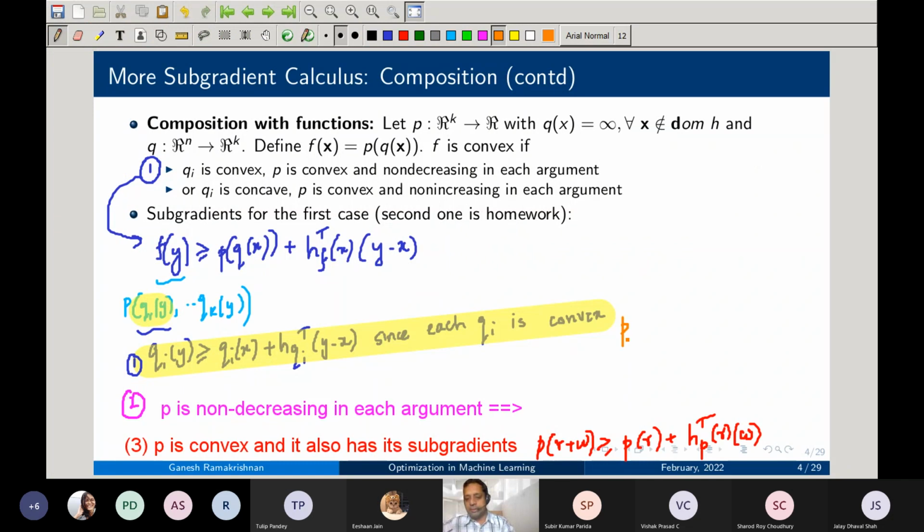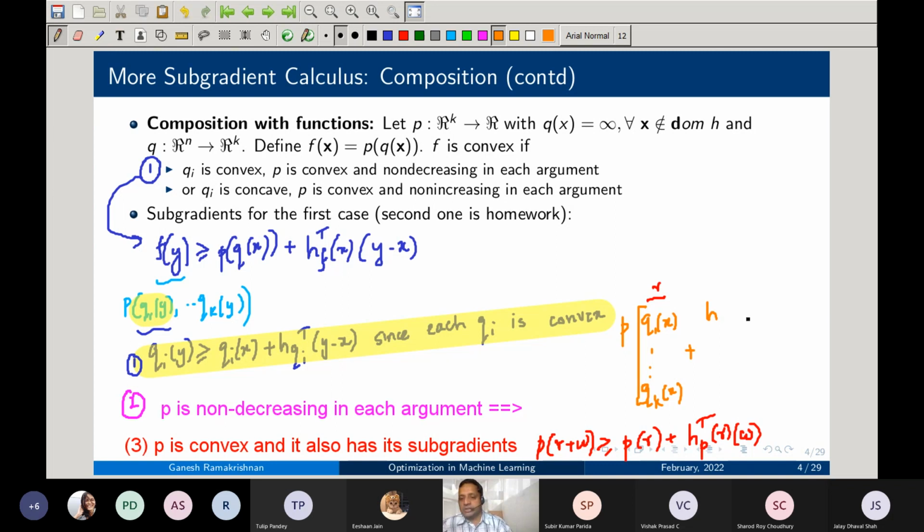We have P applied to this vector Q1(x) to Qk(x), and this is basically my R. When I talk of an R, this is my R. And then I'll add this h_P transpose times the W part.